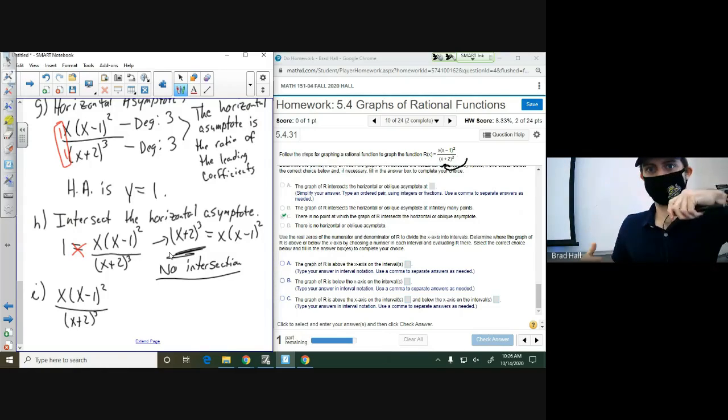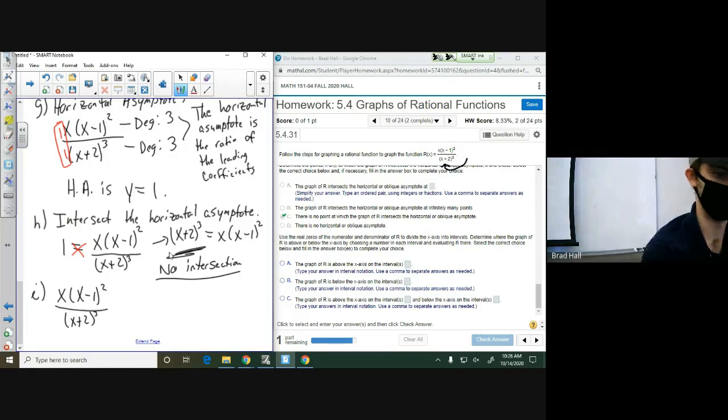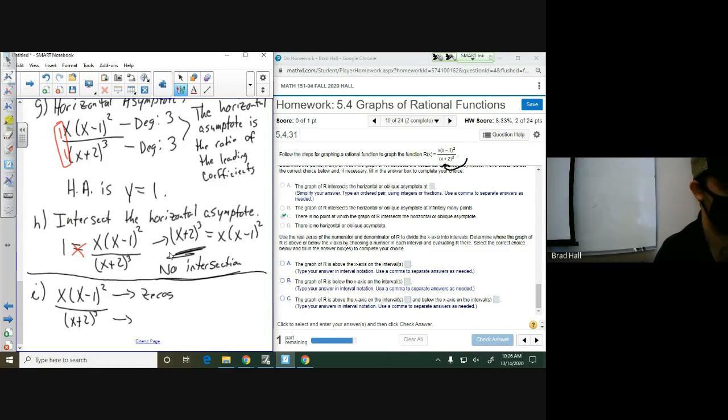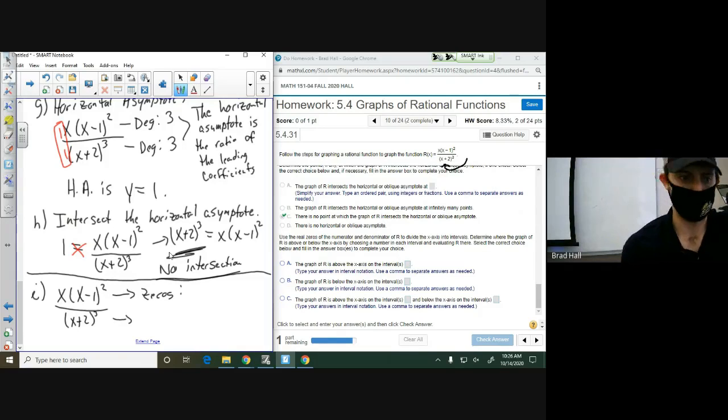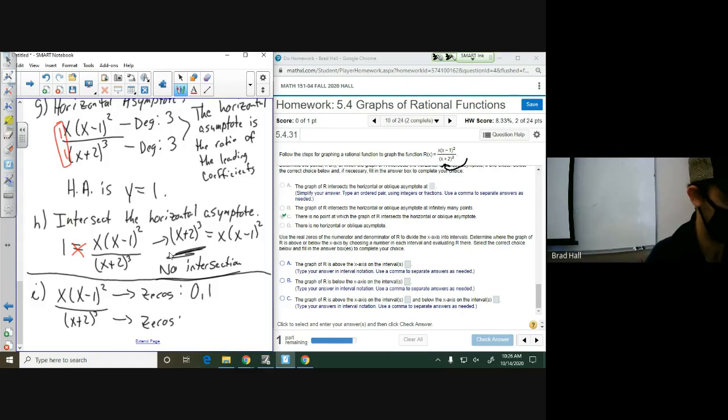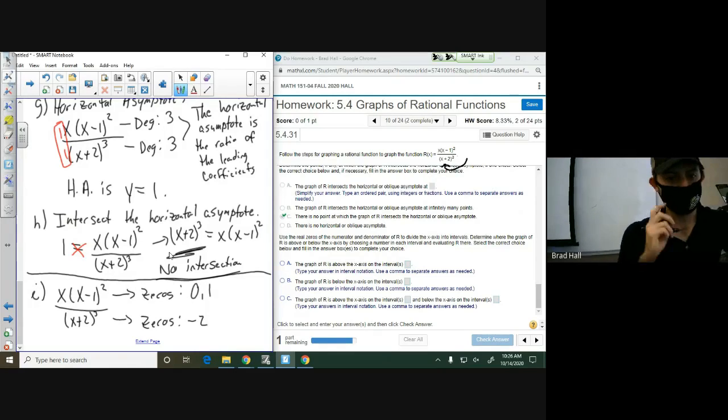Since the numerator and the denominator are both already factored, finding the zeros is as simple as picking out the zeros from each factor: 0 and 1 from the top, and from the bottom, it's just -2.